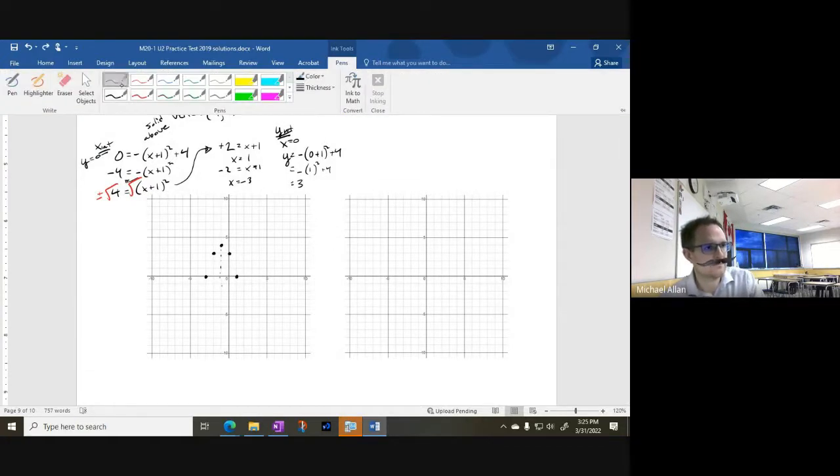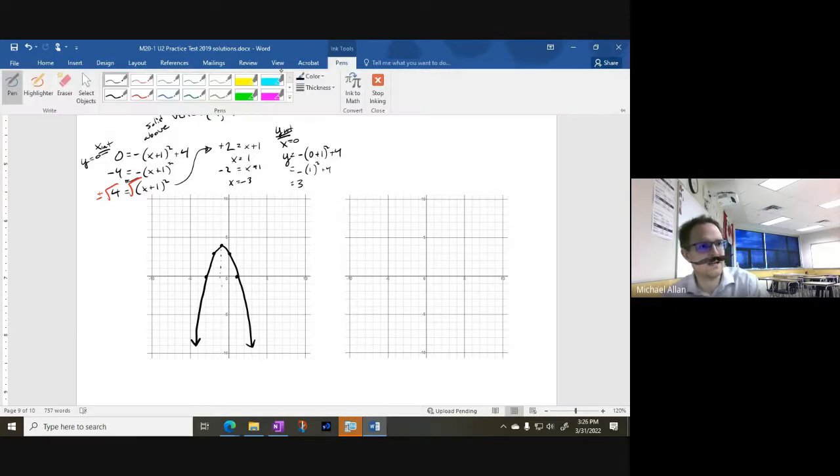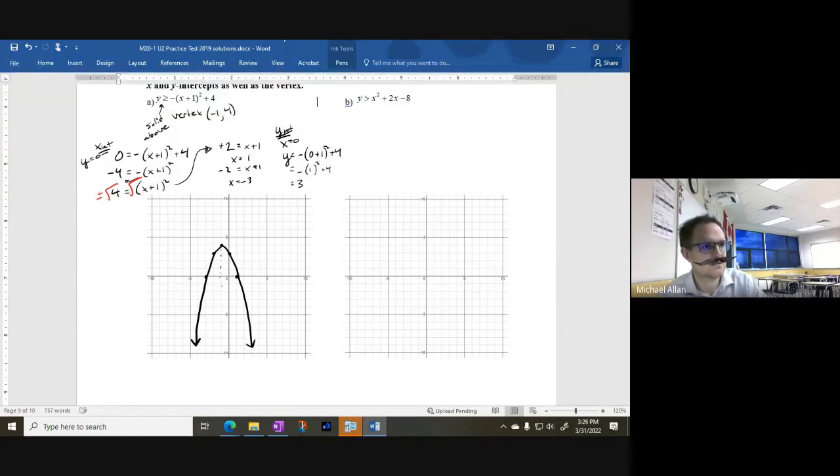Pen out, and then start drawing this a little bit better. Oh, I almost missed it, but that's not too bad. Now again, I'm using a solid line, and then I have to decide how I'm going to shade this. Because it's greater than, I'm going to have to shade above all of this area. Nicely shaded. Perfect. There you go.